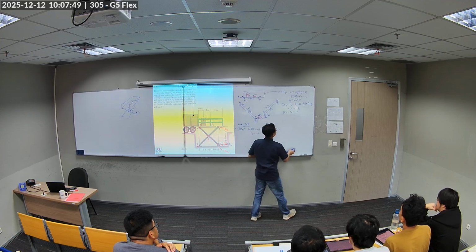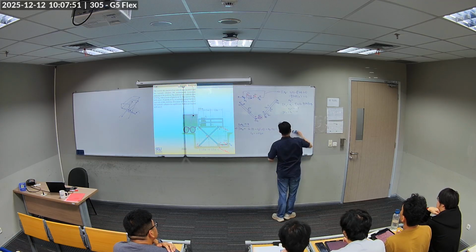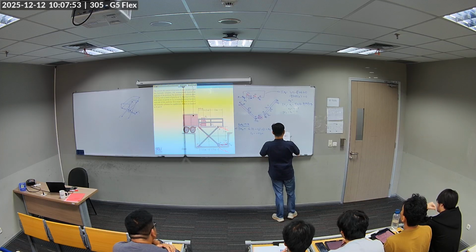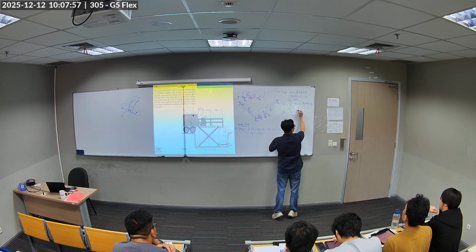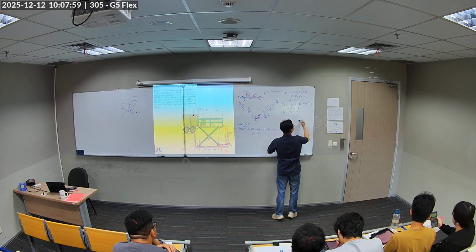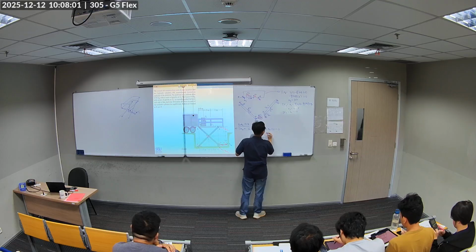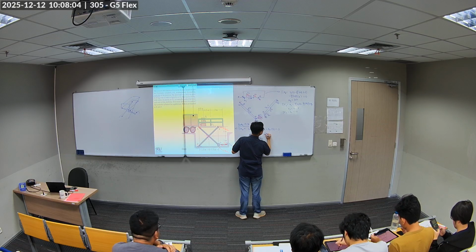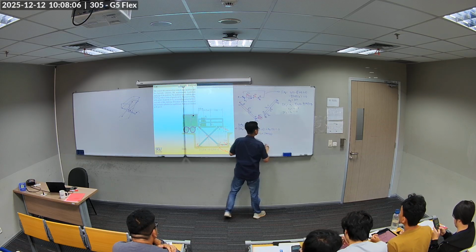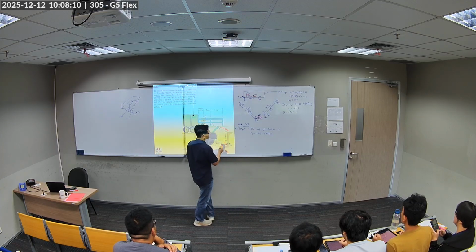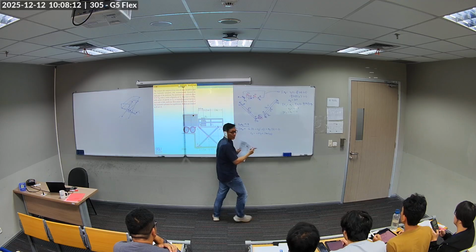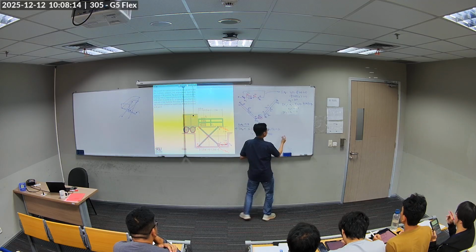Okay, divided by 2. 307. And this is 406. Oh no, that's BY.